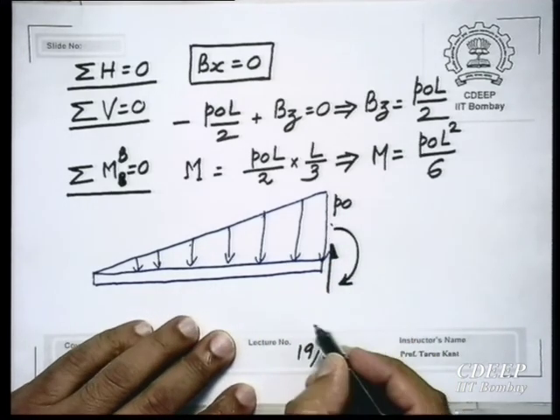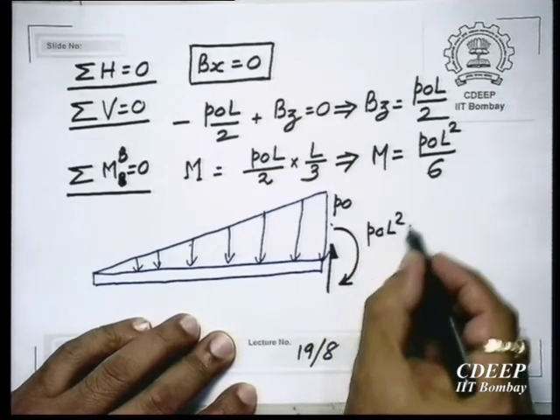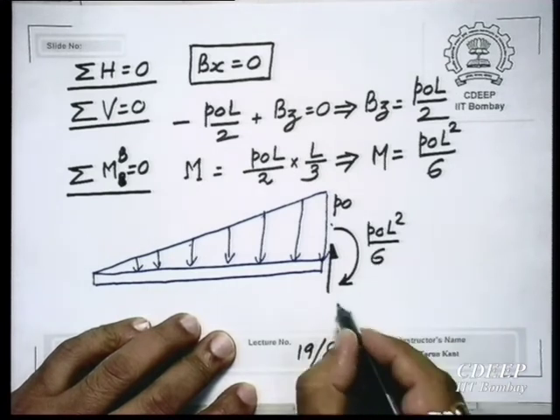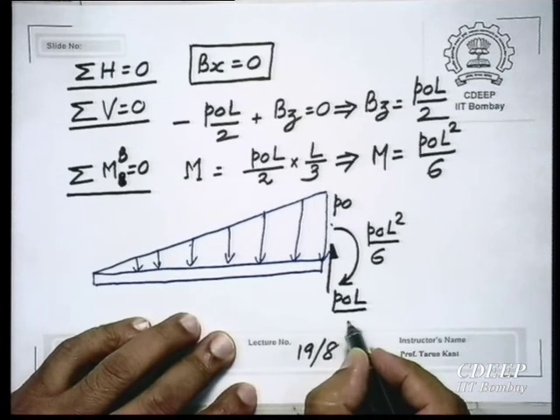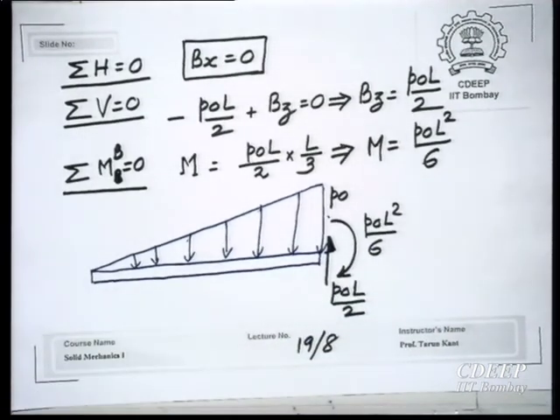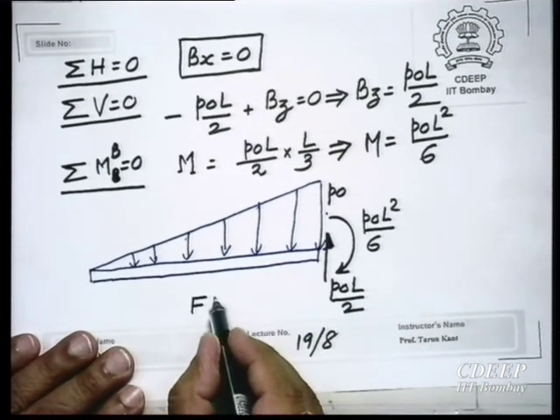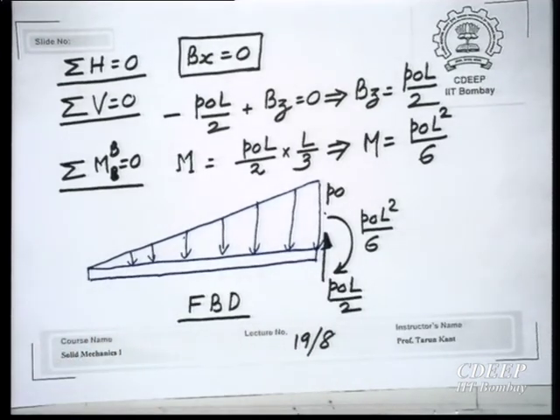So, M is P naught L square by 6, and this vertical force is P naught L by 2. So, this is the free body diagram, and all the reactions are computed. So, this is known, this is in a state of equilibrium.